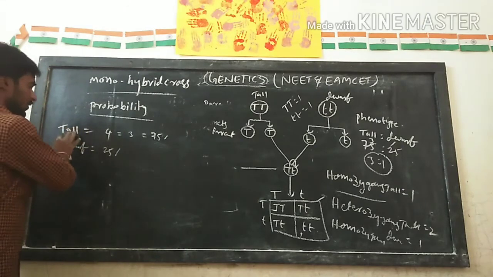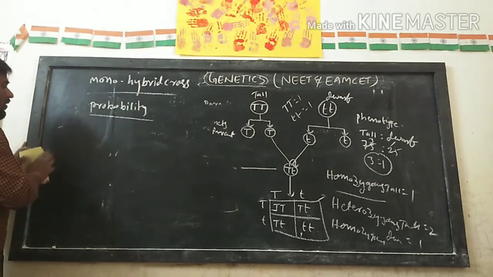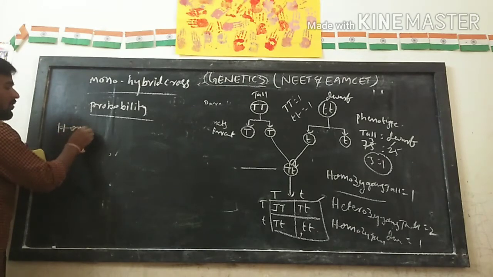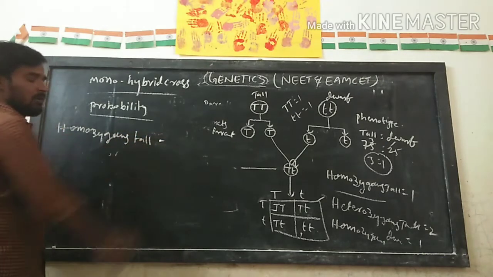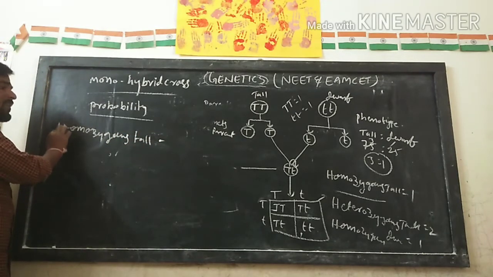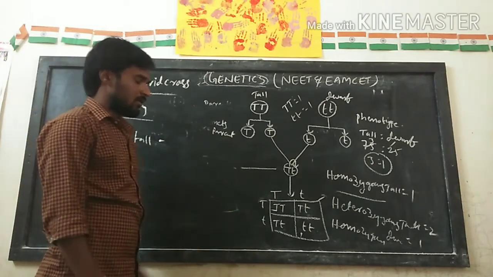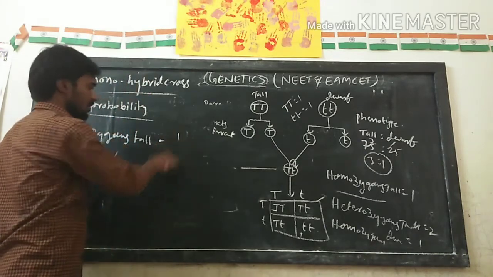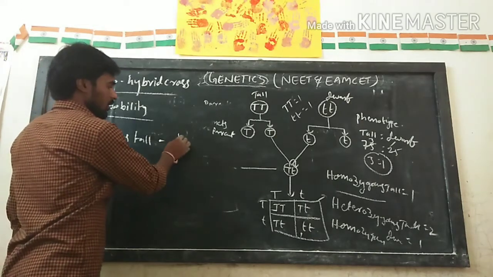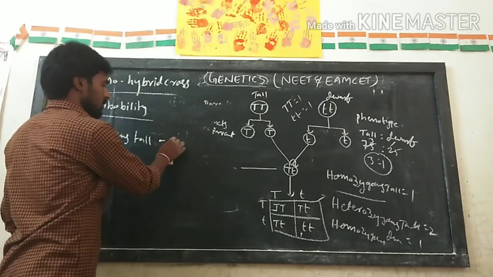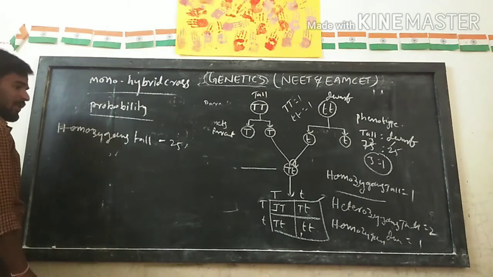Instead of tall and dwarf, they often ask like this: what is the probability of the homozygous tall? How many homozygous tall are here? 1. So 1 homozygous tall is there, out of a total of 4, that is why 25% is the homozygous tall probability.